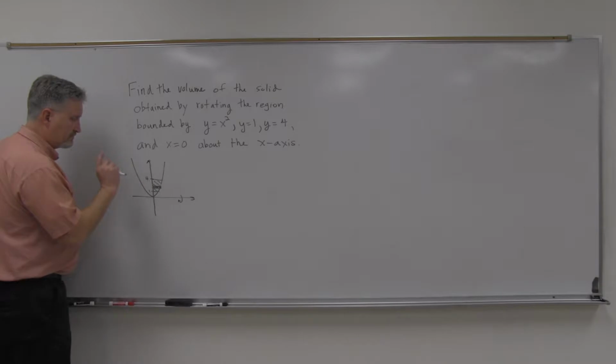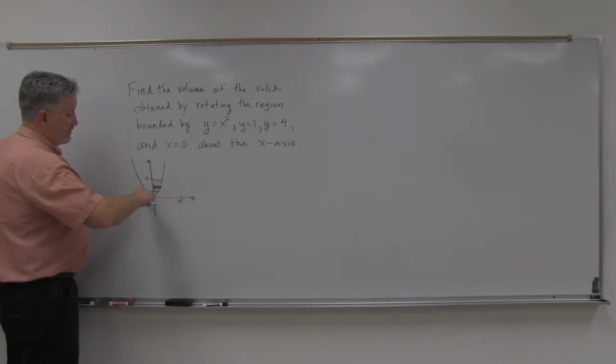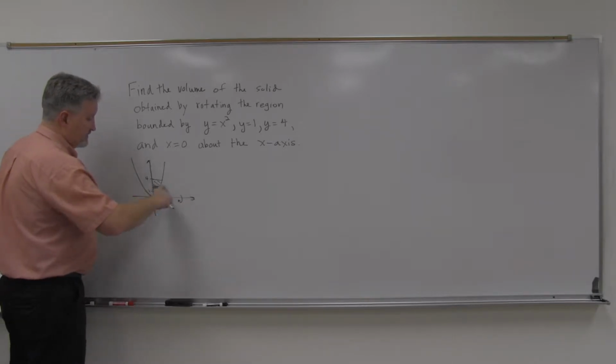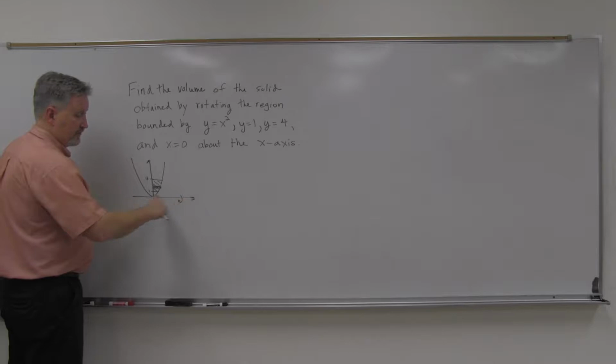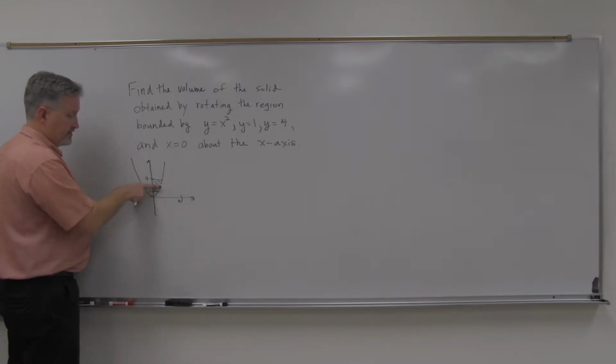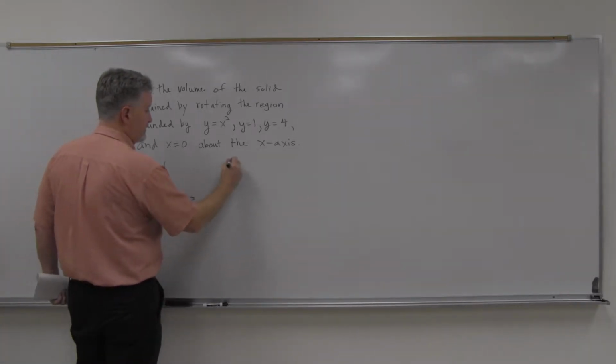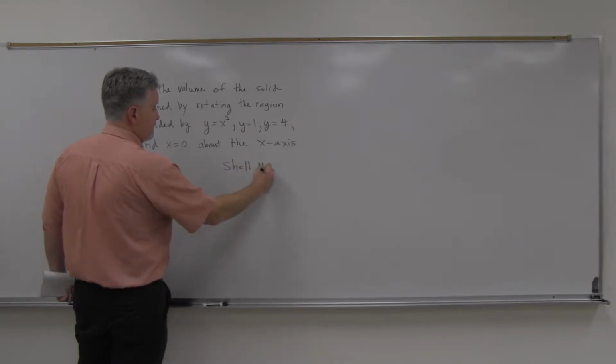Now, it also tells me which method to use, even though I didn't explain it. The typical rectangle is this way, and the axis of rotation is the x-axis, so that typical rectangle is parallel to the axis of rotation. As we talked about before, that means it's going to be the shell method.